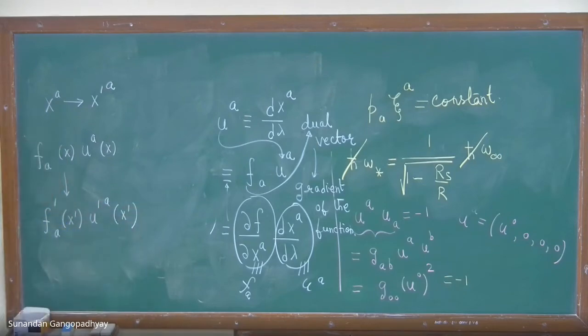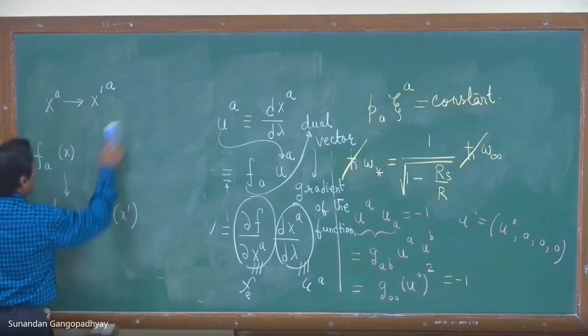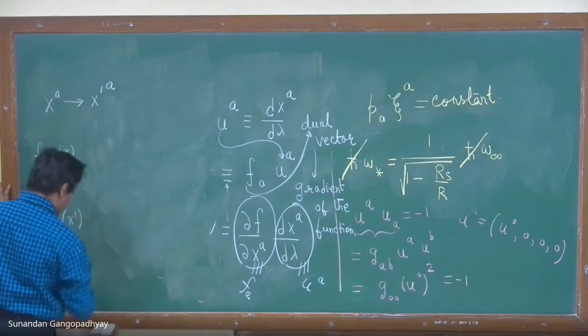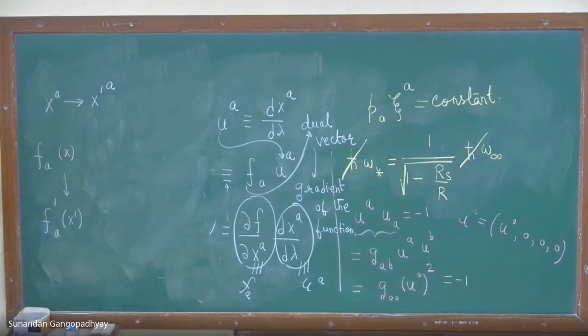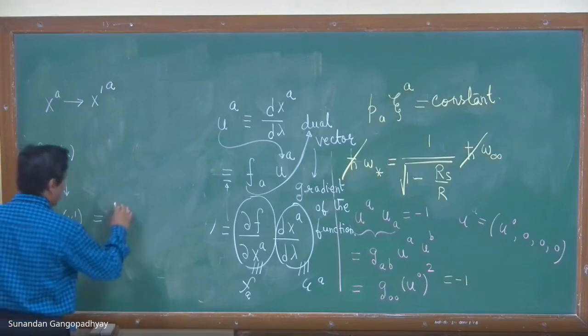Let us look at the individual transformation properties for the time being. Let us look at only this thing first; we will do the other one later. This is a scalar, so you can just forget about this.